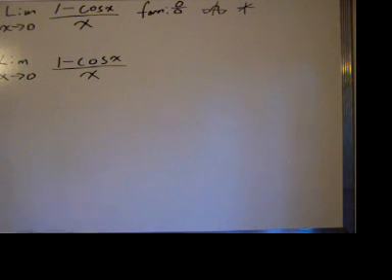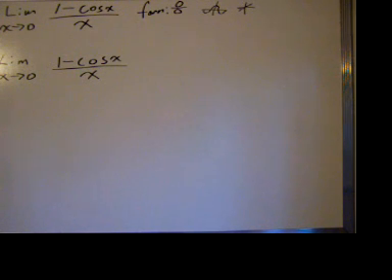But the best thing, if you weren't up on your trig and you didn't see it immediately, would be that you have an expression on the top that is the difference, in this case, of 1 and the cosine of x. Anytime I see 1 minus the cosine of x, 1 plus x, 1 plus the square root of x, 1 minus the square root of x, etc., I think maybe multiplying the top and bottom, the denominator and the numerator, by the conjugate of the numerator is probably going to be the best course of action.